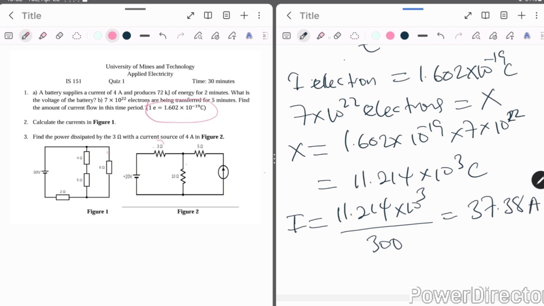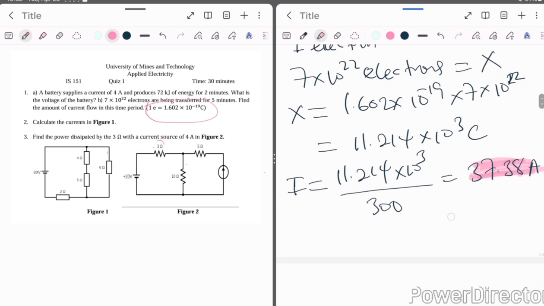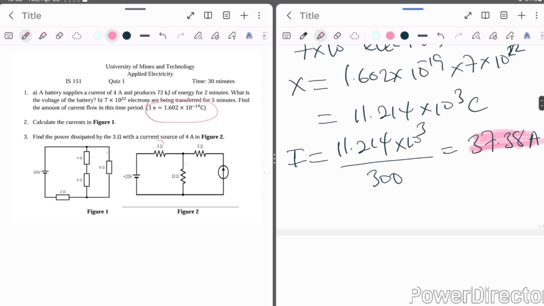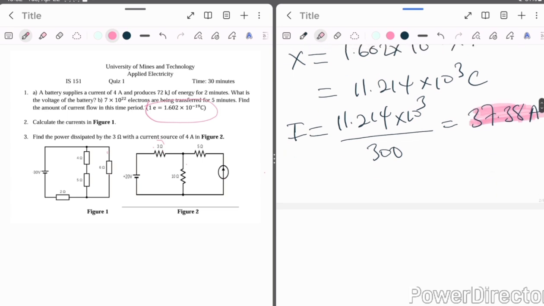So we get this for the current. This means that if 7 times 10 to the power 22 electrons have been transferred, that will produce a current of 37.38 amps. Now we go to question 2.